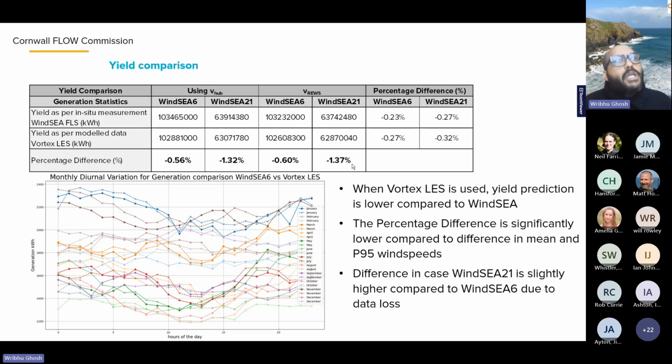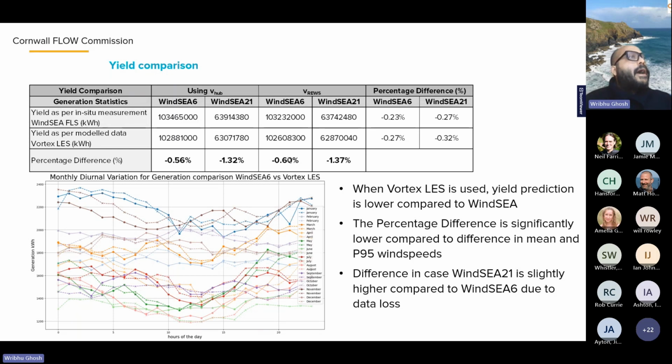Also, I'm not sharing this, but when we use the third data set, the developer data set, it is much closer to this value than that value. So we can fairly conclude that in terms of generation, the model's underprediction is definitely less than a percent.